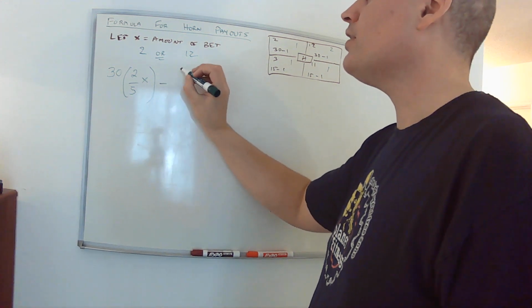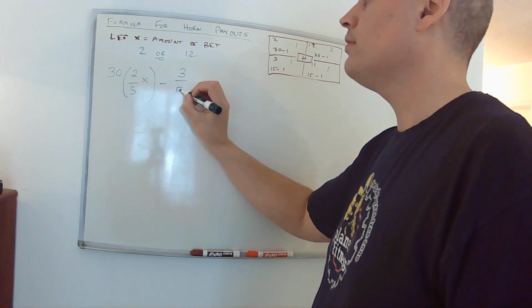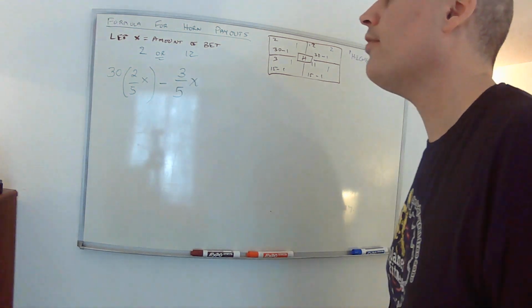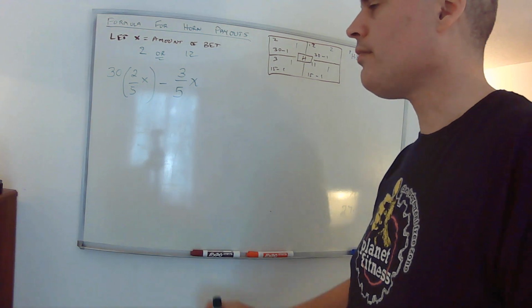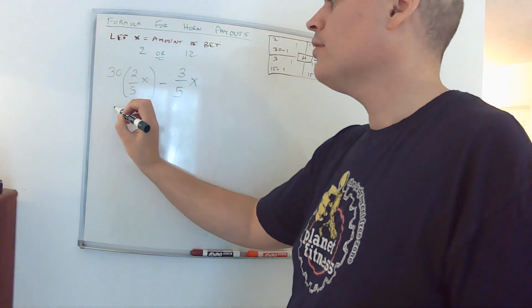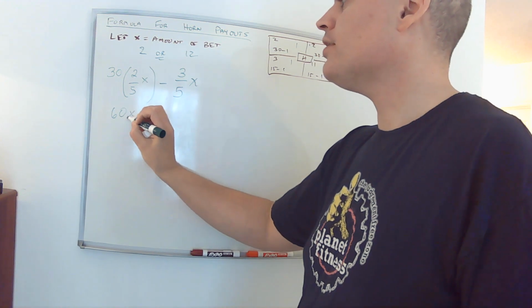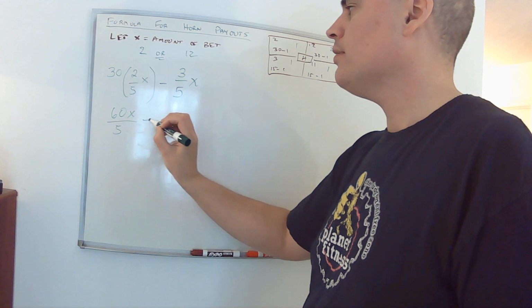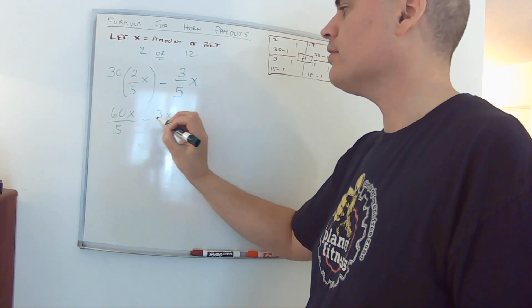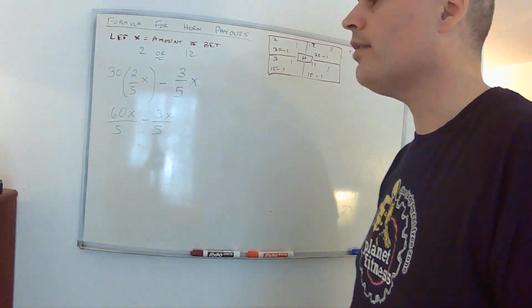And I'm going to lose the other 3/5. 3/5 of my bet is going to be a loss. So now we're going to bring the 30 inside the parentheses and get 60x over 5 minus 3x over 5, and there we go.